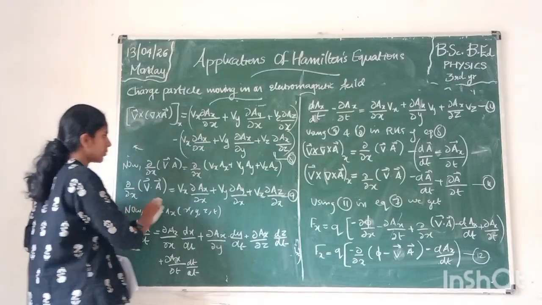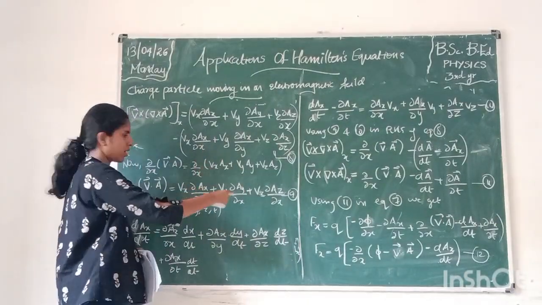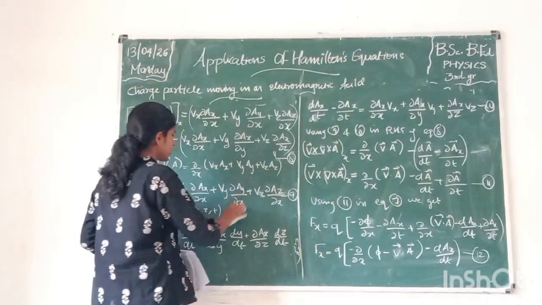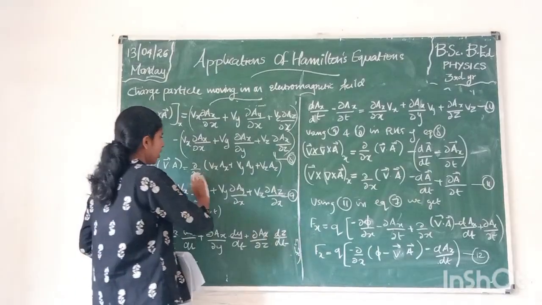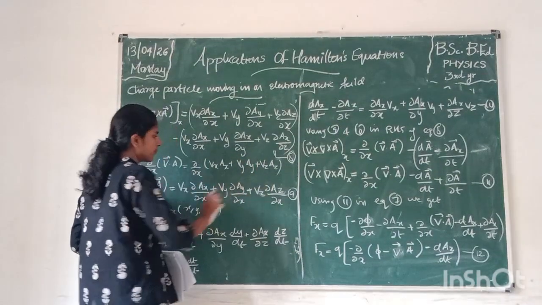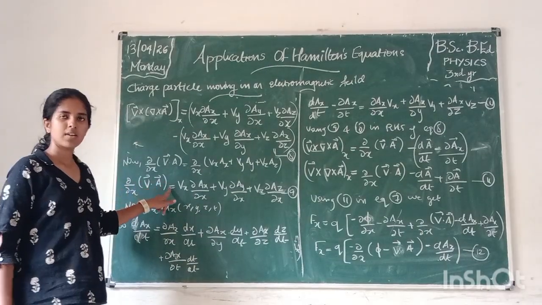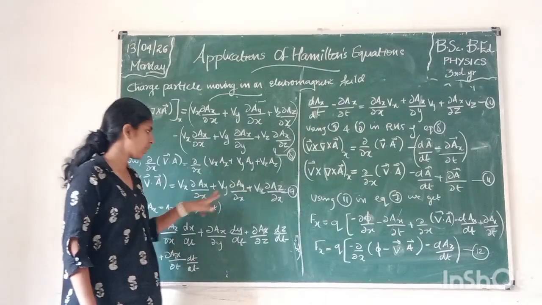In the next term, we take this inside. So v_x ∂a_x/∂x, ∂a_y/∂x, and ∂a_z/∂x. So we got ∂/∂x of v dot a.